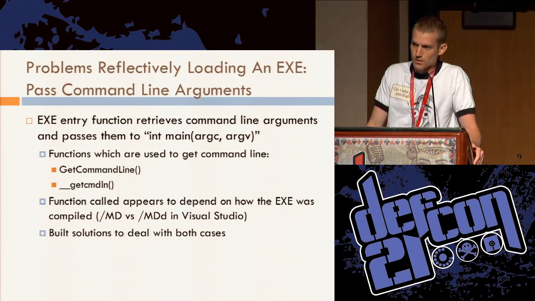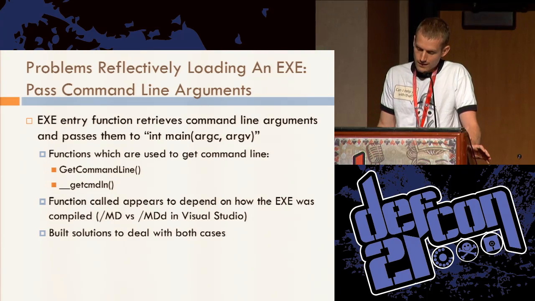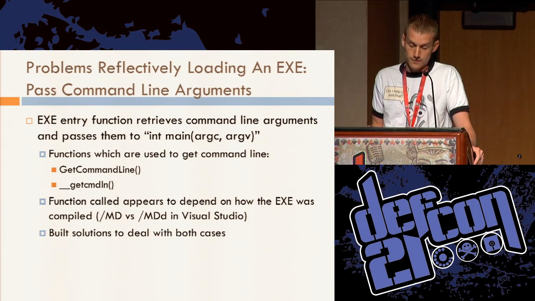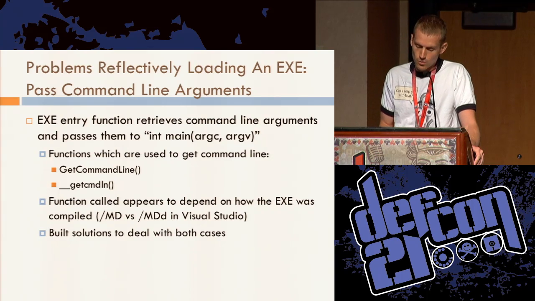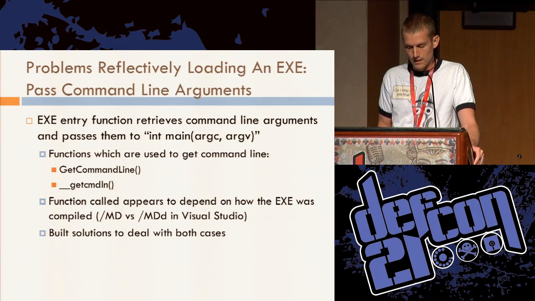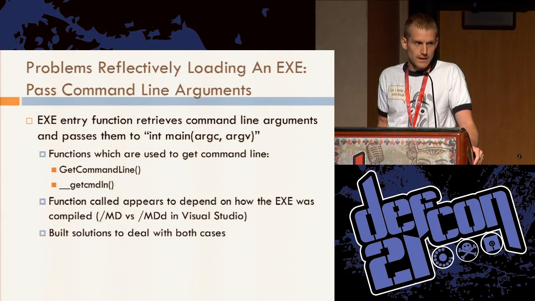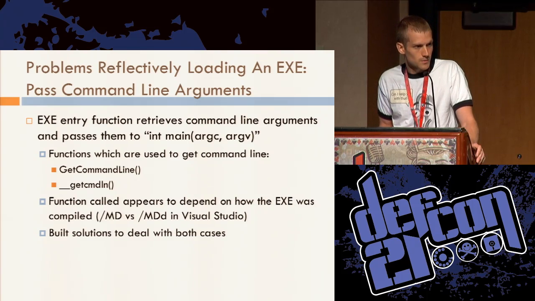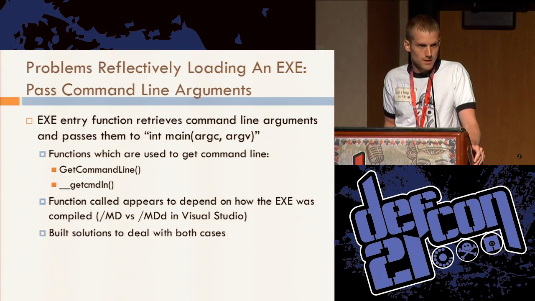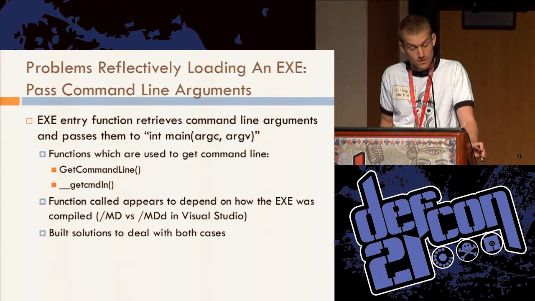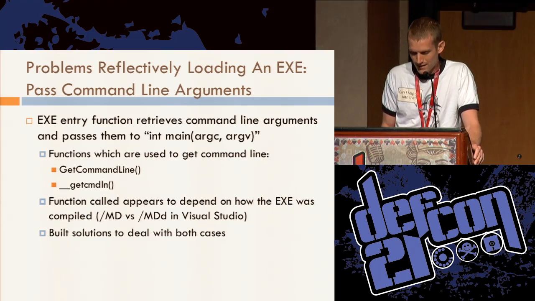But that doesn't actually work because the way that exe normally retrieves its command line arguments is it makes a function call to get command line or __ get command line. And those are provided by two different DLLs. And when those DLLs are initially loaded, they actually cache a copy of the command line arguments. So if you just overwrite the PEB, you didn't overwrite the cached copy that's in the DLLs, and so you're still just going to end up getting the command line arguments that PowerShell was started with, which is no good.